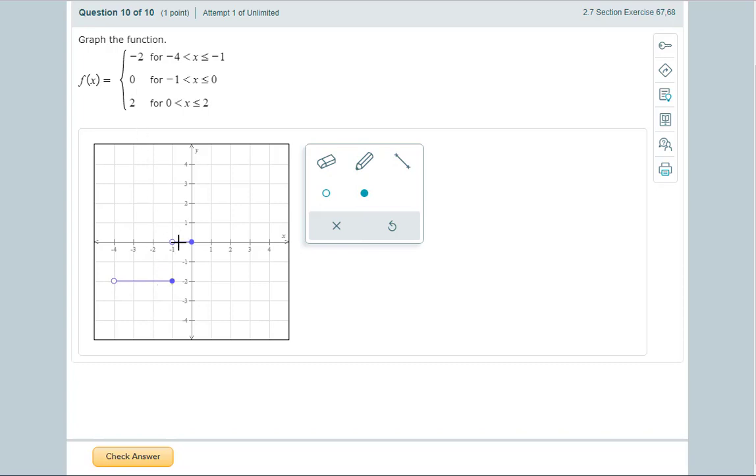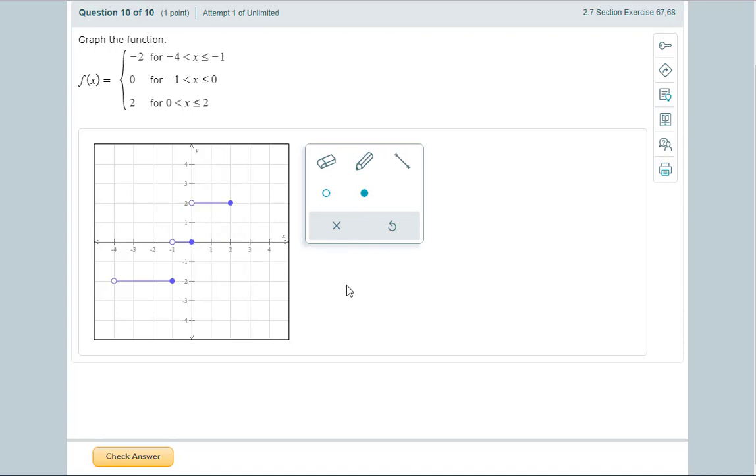This one is at 0. We're going minus 4 to minus 1. That looks good. Minus 1 to 0. And the last one goes from 0 to 2 at a height of 2. Not 0. Okay, so that's an open dot there. We go all the way to 2, but that's a closed dot. We're at a height of 2, and now I connect them up.